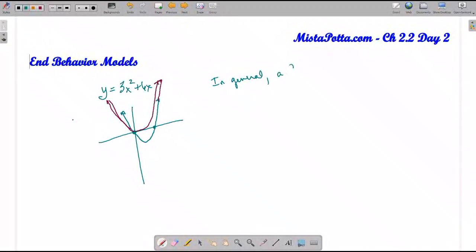a function will behave as a ratio of dominant terms in the numerator and denominator.